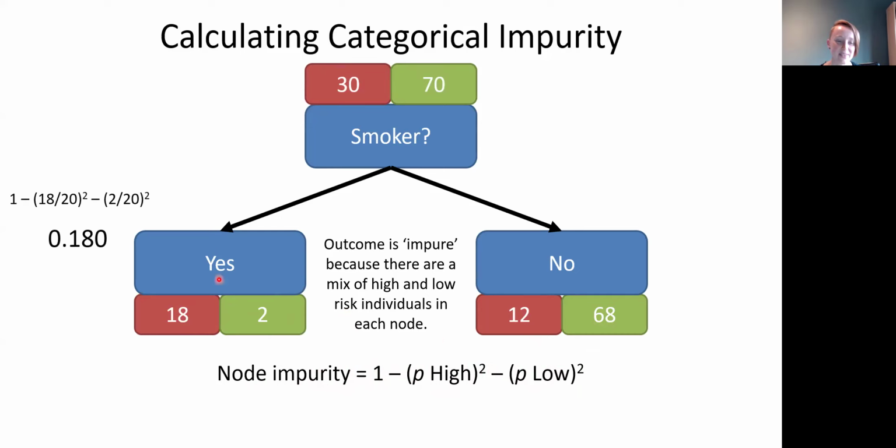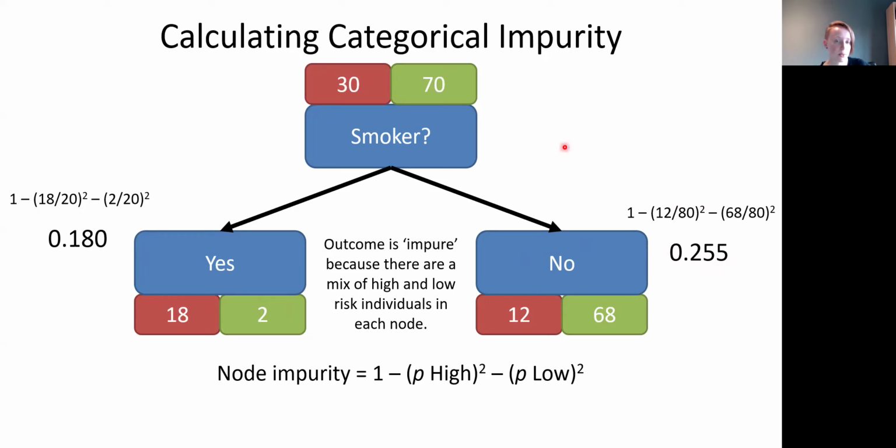So for the yes node over here, that would be 1 minus 18 over 20 squared minus 2 over 20 squared, which gives us a node impurity of 0.180. And we can do the exact same for our no and get a node impurity of 2.55.